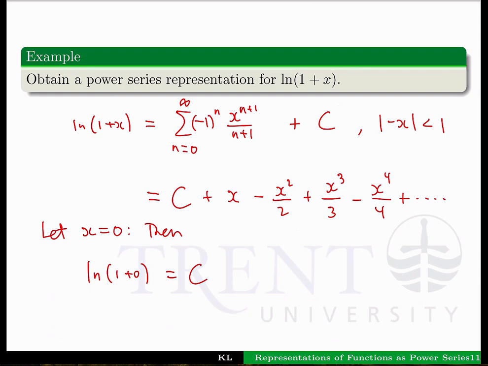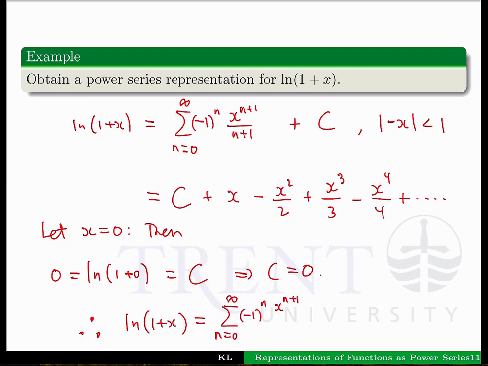But ln of 1 is equal to 0, which means that c is equal to 0. Therefore, the power series representation of ln of 1 plus x is equal to the sum from 0 to plus infinity of negative 1 to the n, x to the n plus 1 over n plus 1, where absolute value of x must be less than 1.